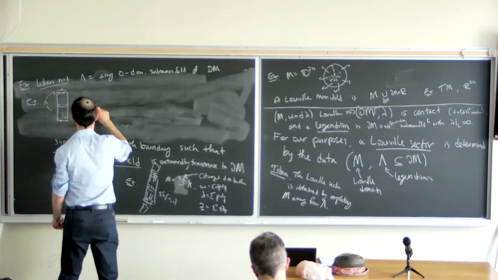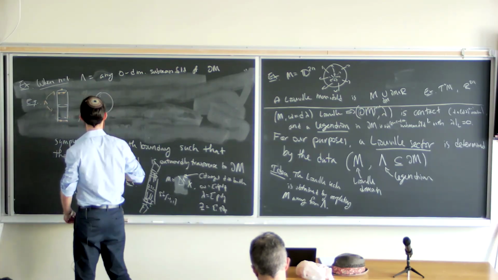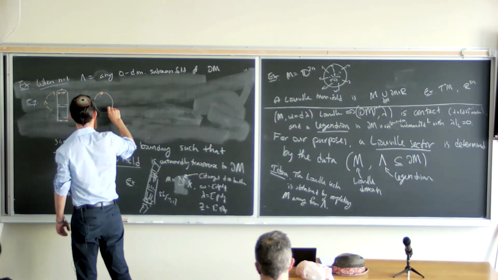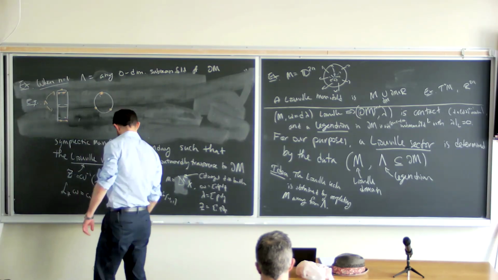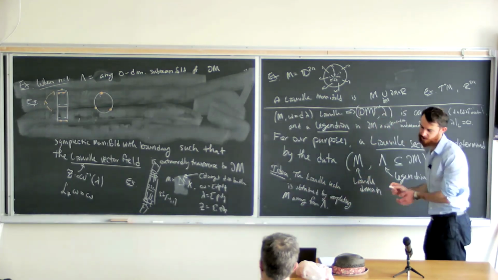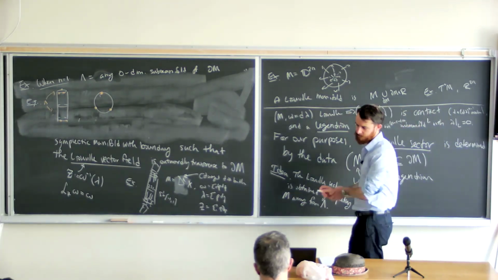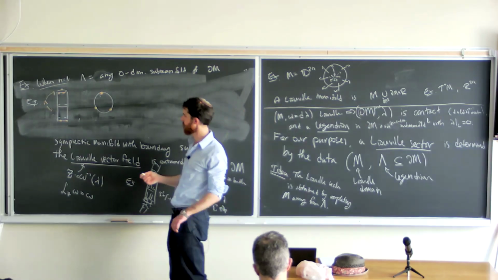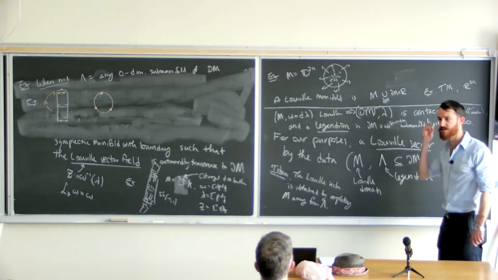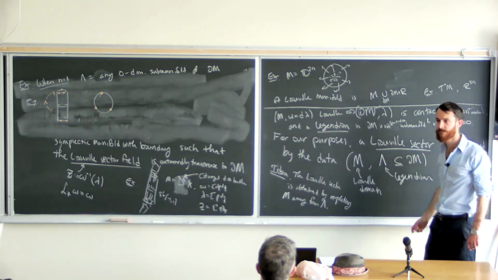And similarly, I could take the disk, and once again, I could take some collection of points in the boundary. So these are some examples of one-dimensional Liouville sectors. Any questions about these definitions so far? Yeah.